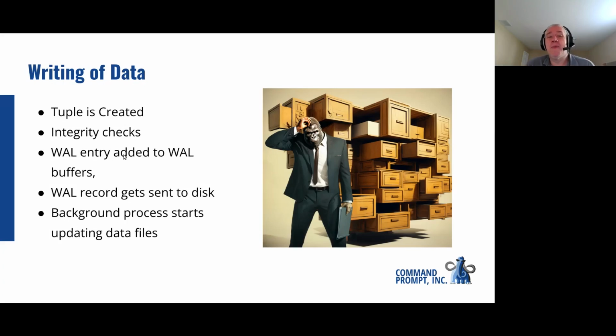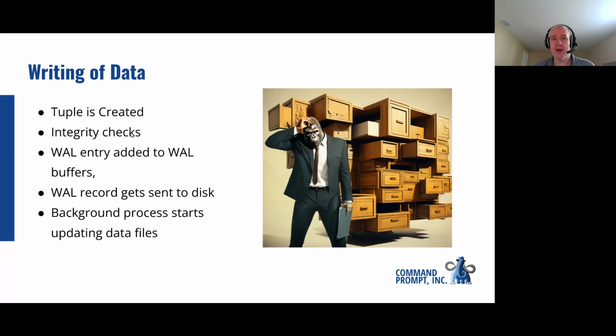Writing data, well, you have a query that updates a tuple on a table. So the new tuple gets created. Postgres doesn't really change things. It always creates a new version of the row and puts it in. That's a simplification, but basically MVCC means that you don't change what exists. You just create a new version of it, and it kind of overshadows the old one.